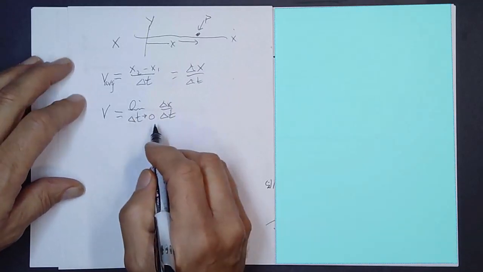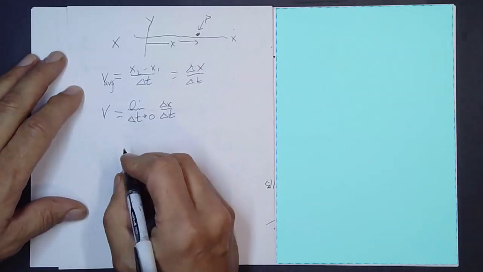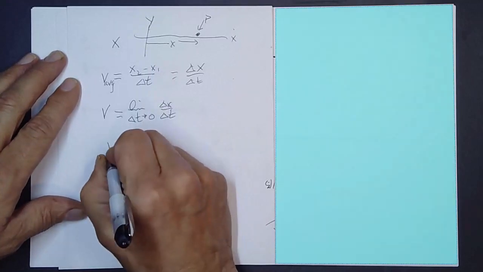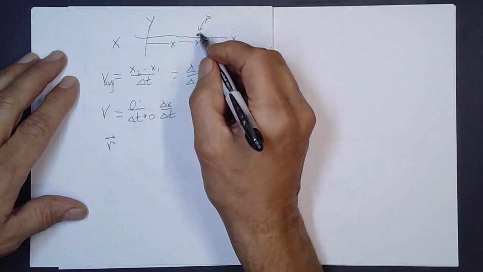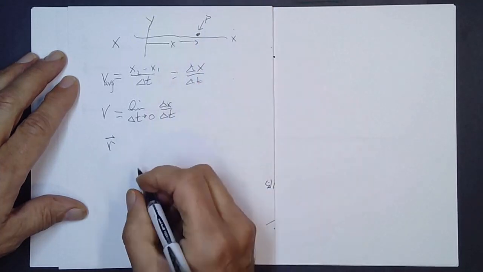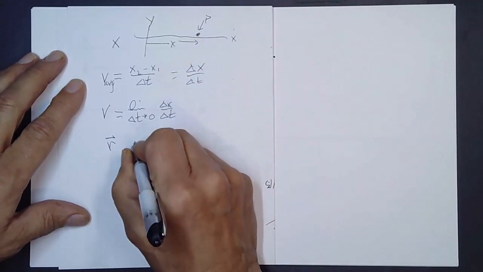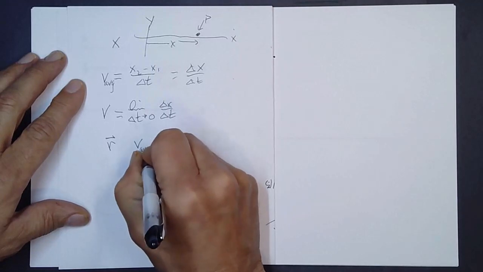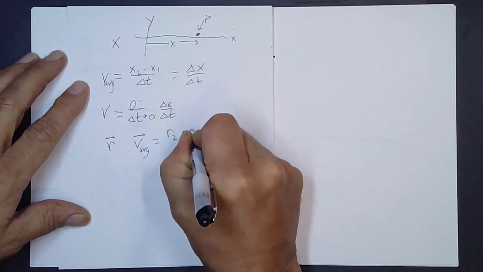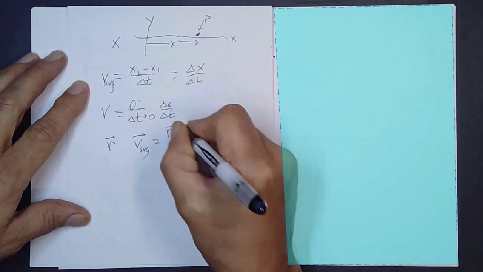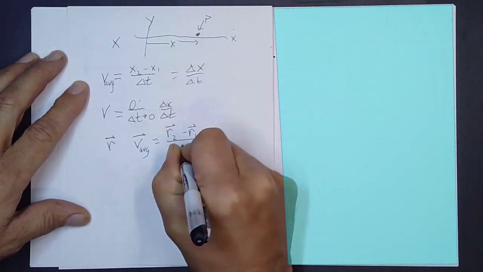Now we can do the same thing with a position vector. We can talk about a position vector r of a point in space that might be moving, and its average velocity would equal r2 minus r1 with arrows on top, divided by delta t.